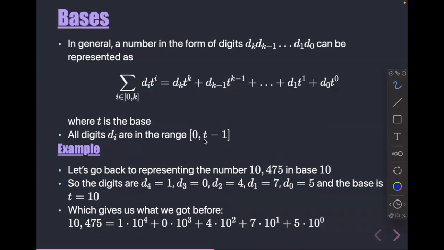Here, since our base is 10, it's always between 0 and 10 minus 1, or between 0 and 9. So if I did base 4, then each digit would be between 0 and 3. We'll do an example to see what a base other than base 10 looks like, but I wanted to show this common definition with base 10, since that's what you're most familiar with.